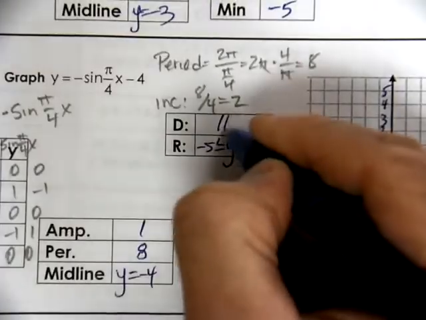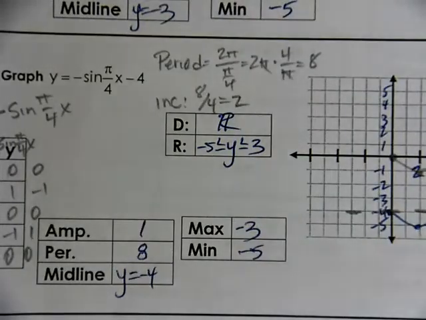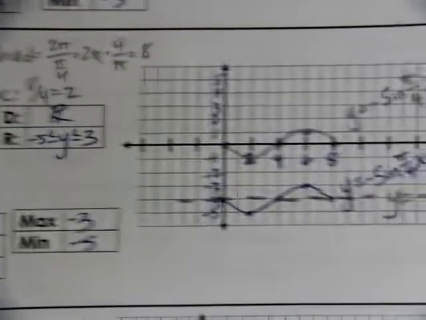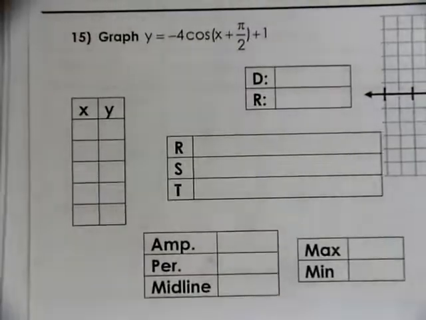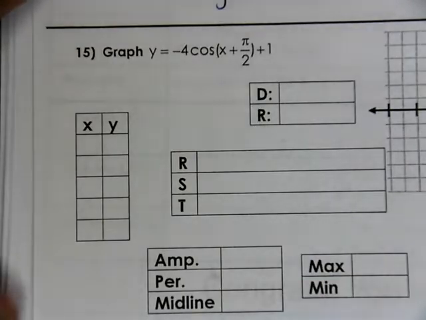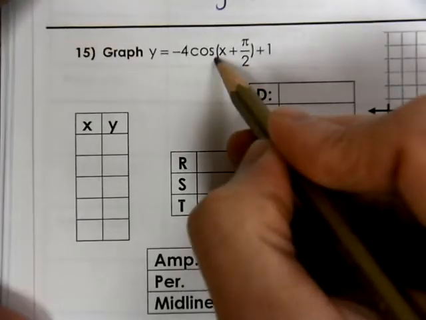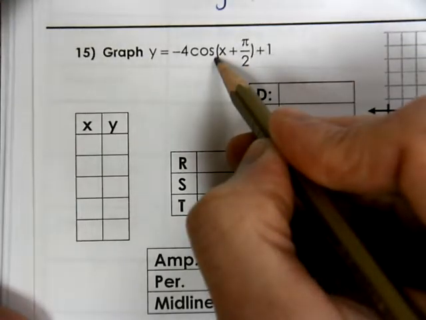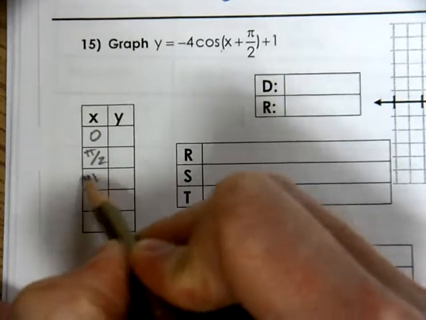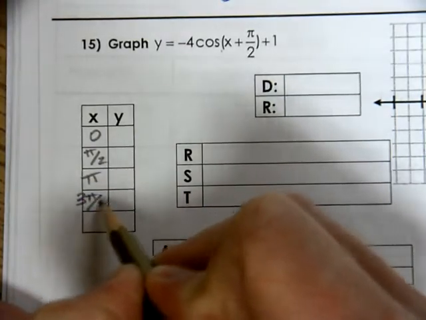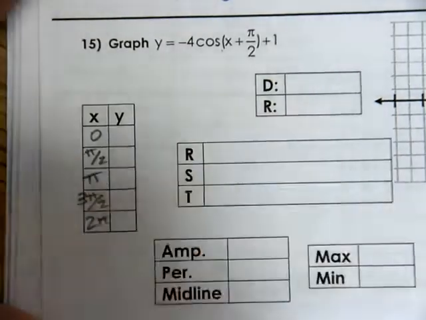And the domain is always all real numbers. Last one. So we don't have a b value. B value is just 1. So we know that we're going to do pi over 2, pi, 3 pi over 2, and 2 pi.